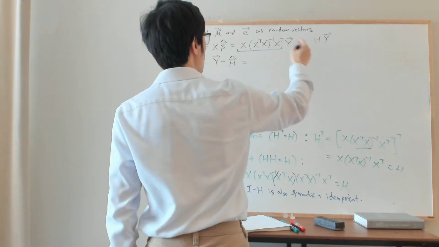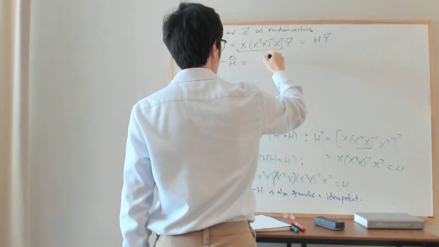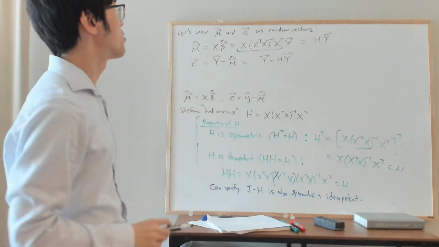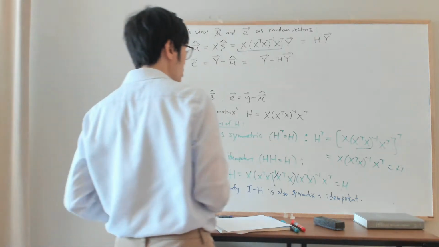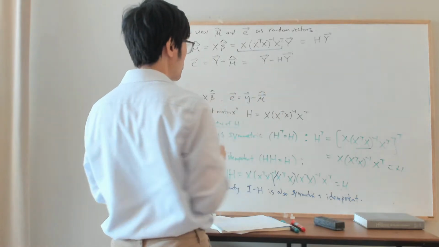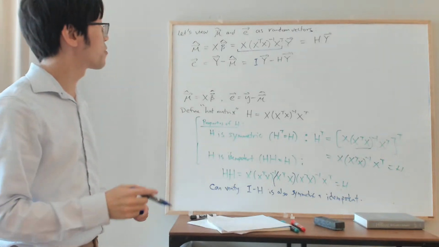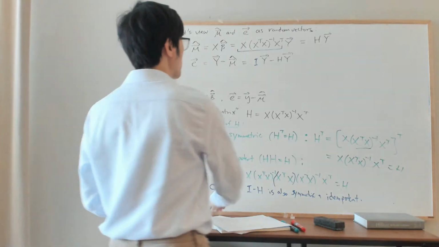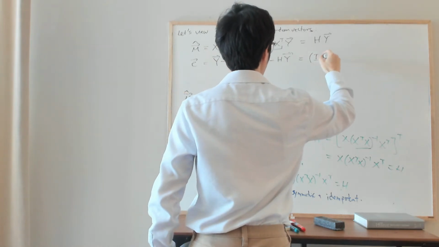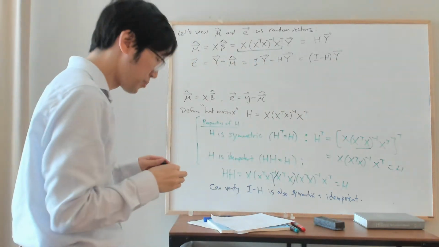We already wrote that mu hat can be written as H times Y, and I want to factor out Y. We can of course insert an identity here without changing anything, and so the residuals can be written as the identity minus the hat matrix, times the random vector Y.